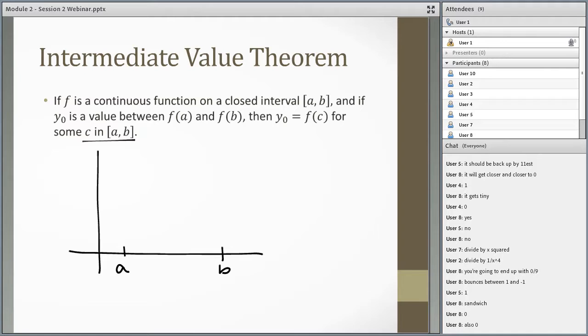And C is some value that's in between A and B, anywhere. So C could be right there, or anywhere in between the two. If f of x is continuous, meaning again there's no breaks in the graph, then there is some value.